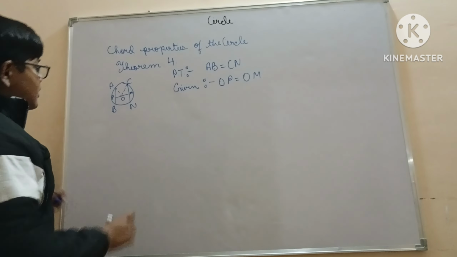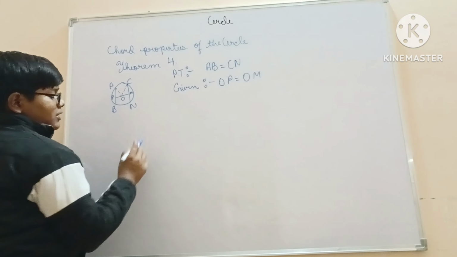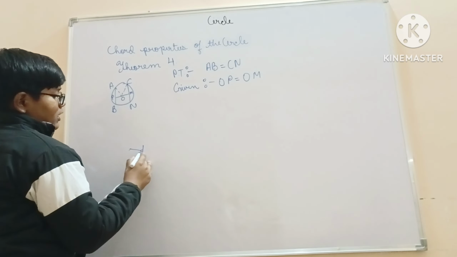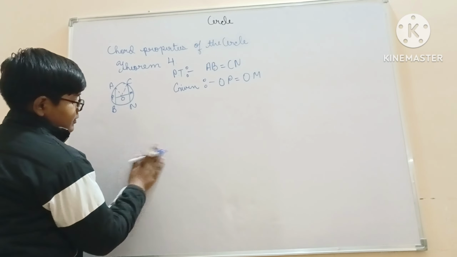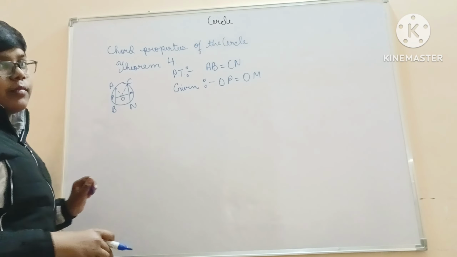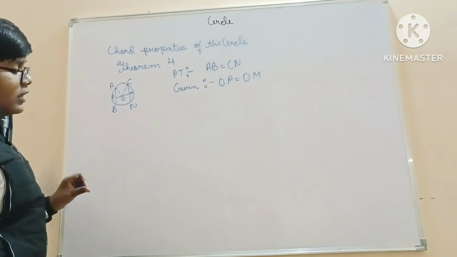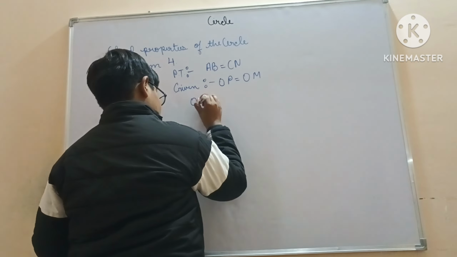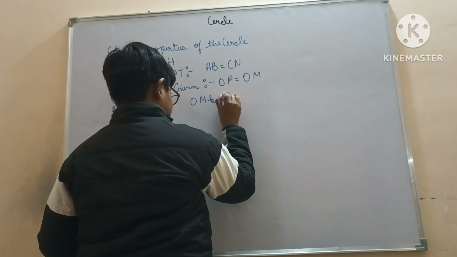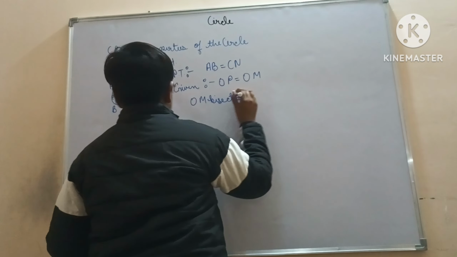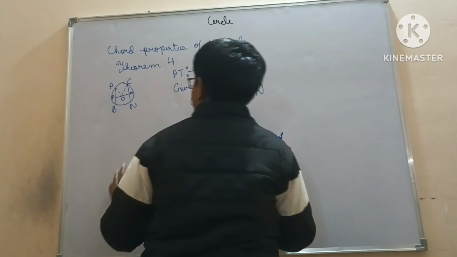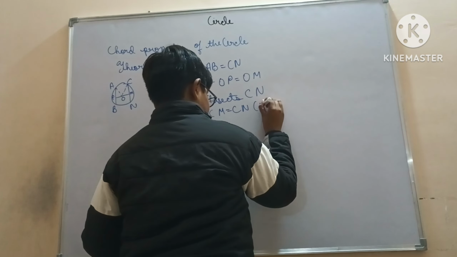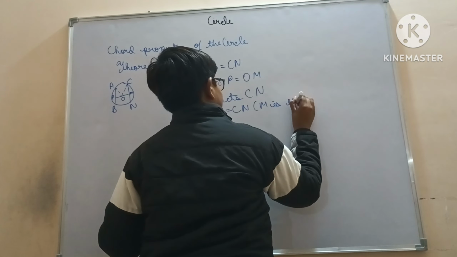If we draw a line from the center of the circle to any chord of the circle, this means that the line bisects the chord. So OM bisects CD, which means that CM is equal to MD as M is the midpoint.